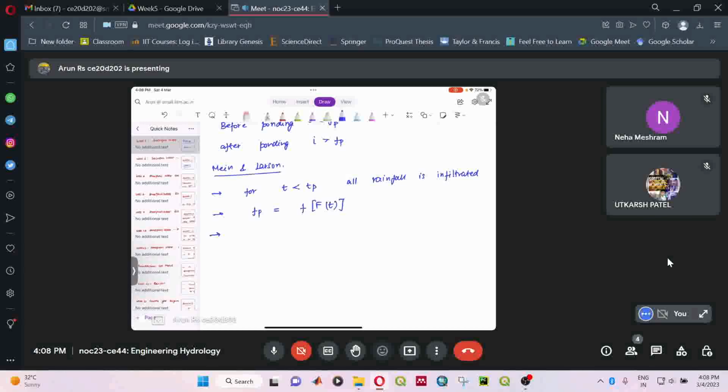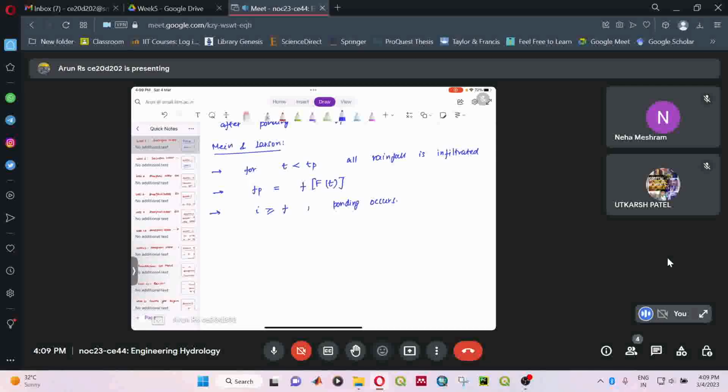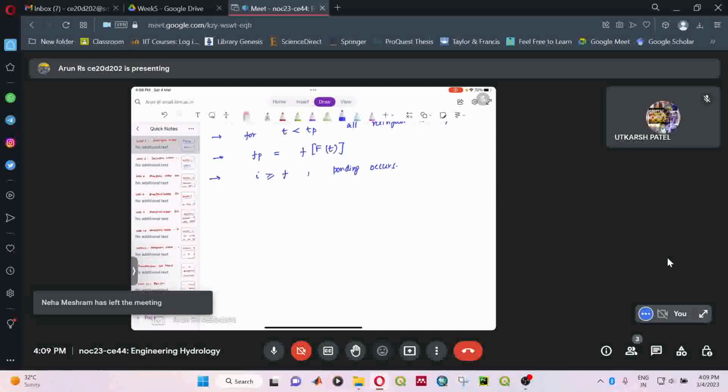The last one is that when the rainfall intensity exceeds the infiltration rate, ponding occurs. These are the three principles behind the Mein and Larson method to derive the ponding time for the Green-Ampt model.